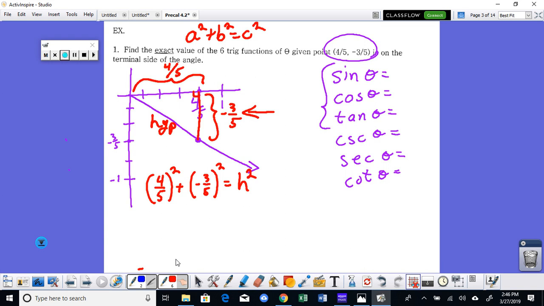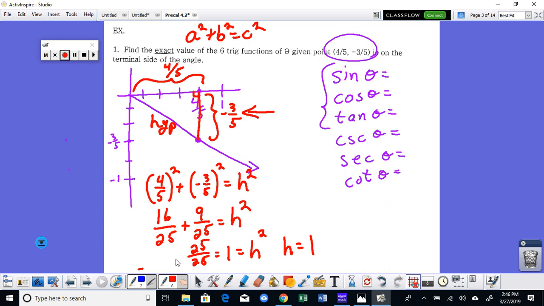What's 4/5 squared? 16 over 25 plus 9 over 25 equals h squared. 25 over 25 equals 1 equals h squared. So h equals 1. But I took the square root. So h equals plus or minus 1, right?